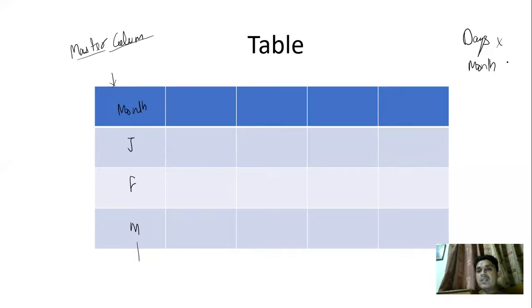If days are not there, months are not there, just look for the names of the persons, right? As the names of the persons are given in the same order, you have to write them in the master column, right? So the primary role of the master column is that the data will be put serially, right?